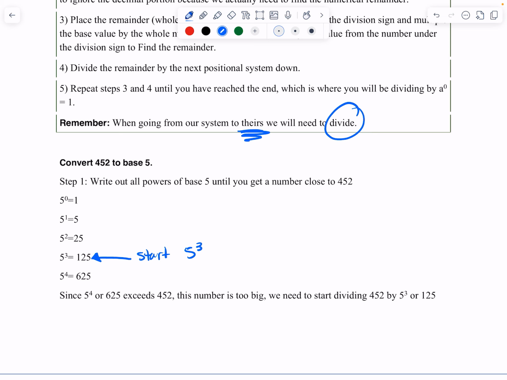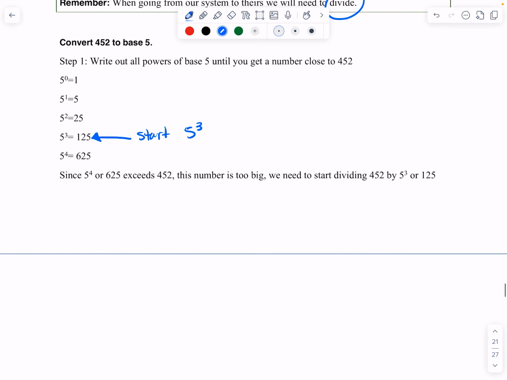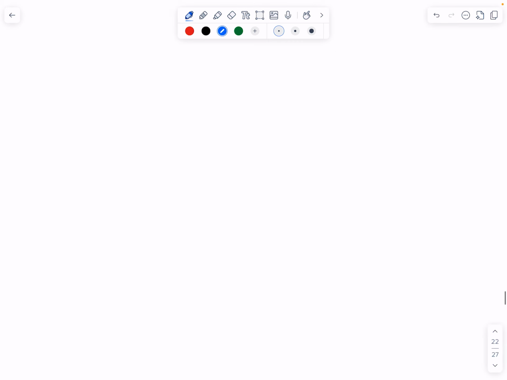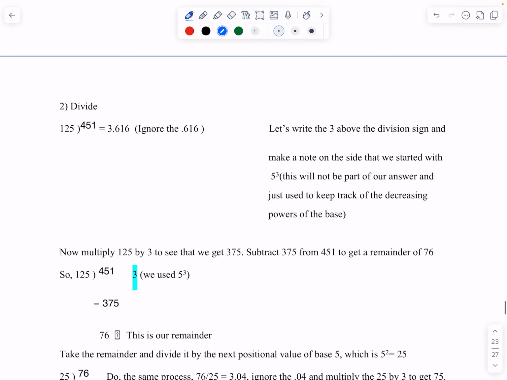Okay? So we're going to divide 452 by 125. Now this step is important. Let yourself know that you started with 5 to the third power. Just hang that out on the side. Now here's the trick that I was talking about. Let me go down to the next page.